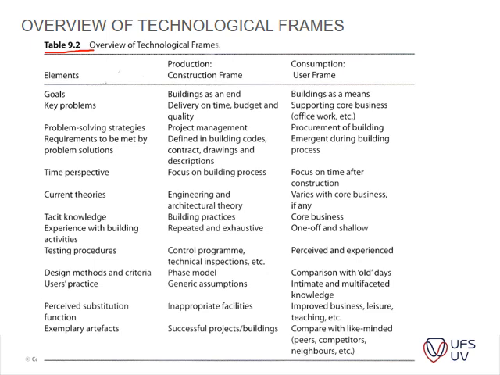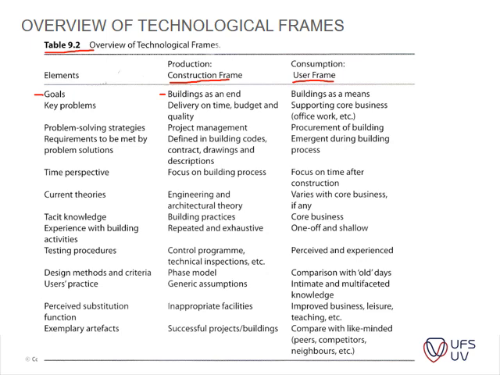They've listed a couple of elements here, and the production, how it influences your construction frame, and how it influences your user frame. So you've got goals, for instance, and you've got building as an end. So that's the goal, we want to create a building. That's for the production.